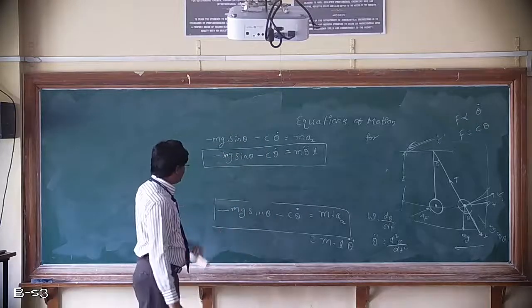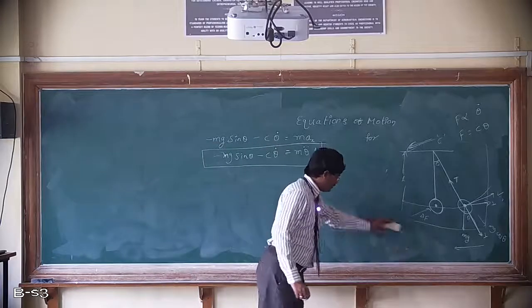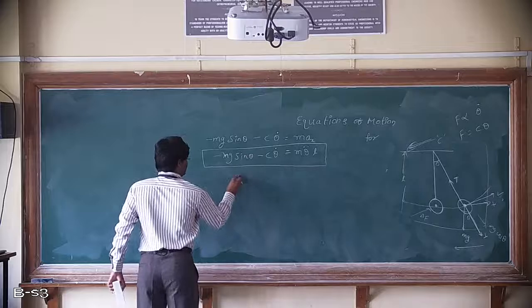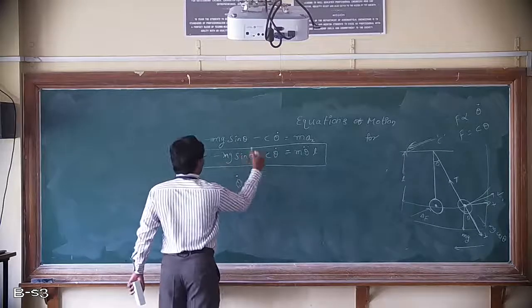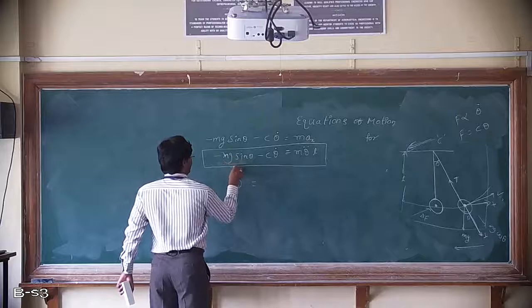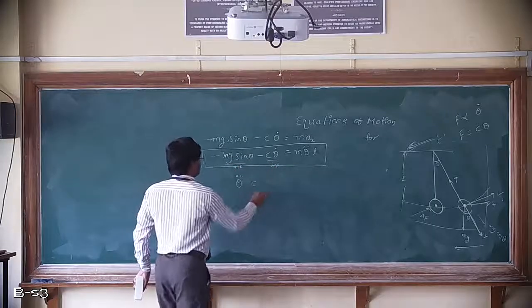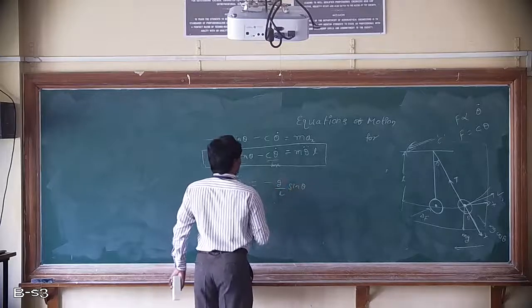How will you solve this second order differential equation? See here. If you divide both sides by ml, what will happen? Minus g by L sin theta. What about here?